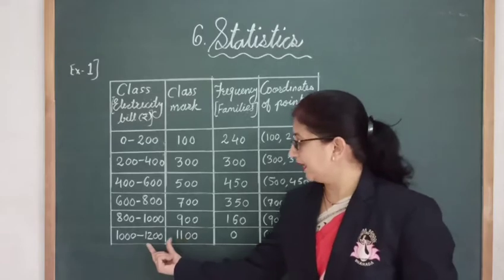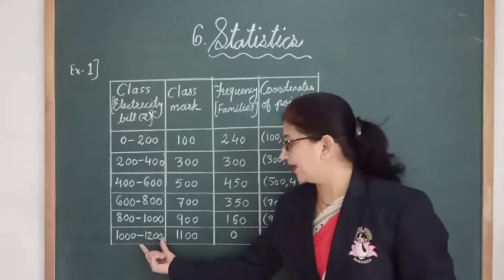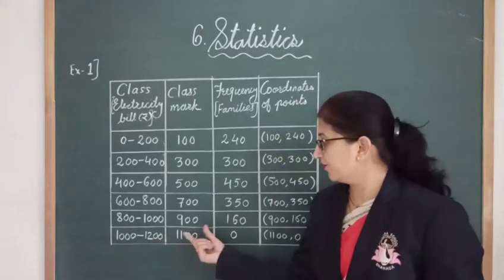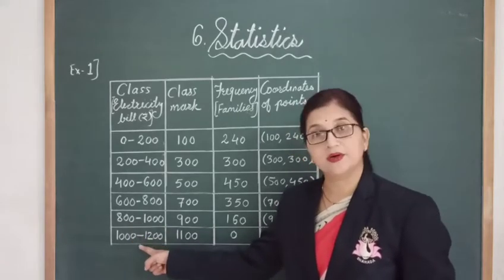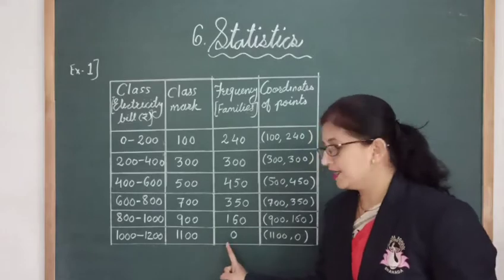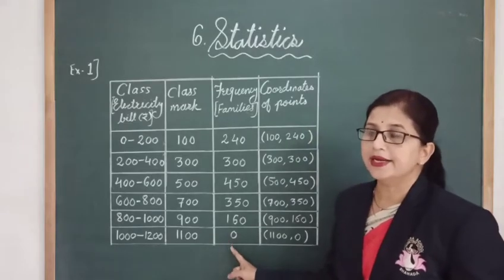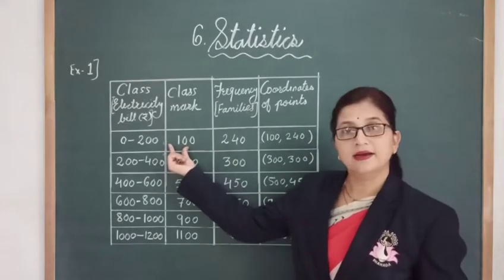Now here you can see I took one extra class at the last. Okay, in the question we have up to this only, but here I have written one extra class with the frequency 0. And in the starting I didn't write that.